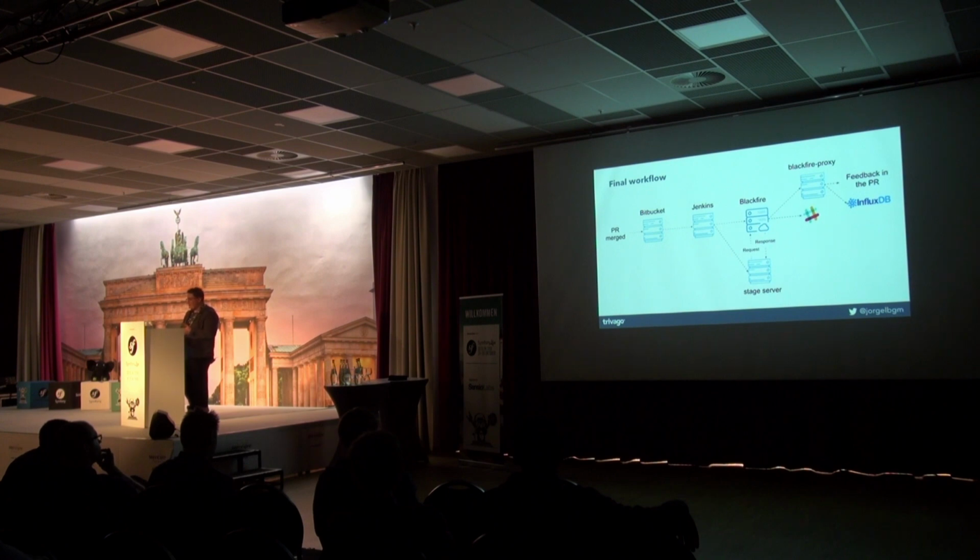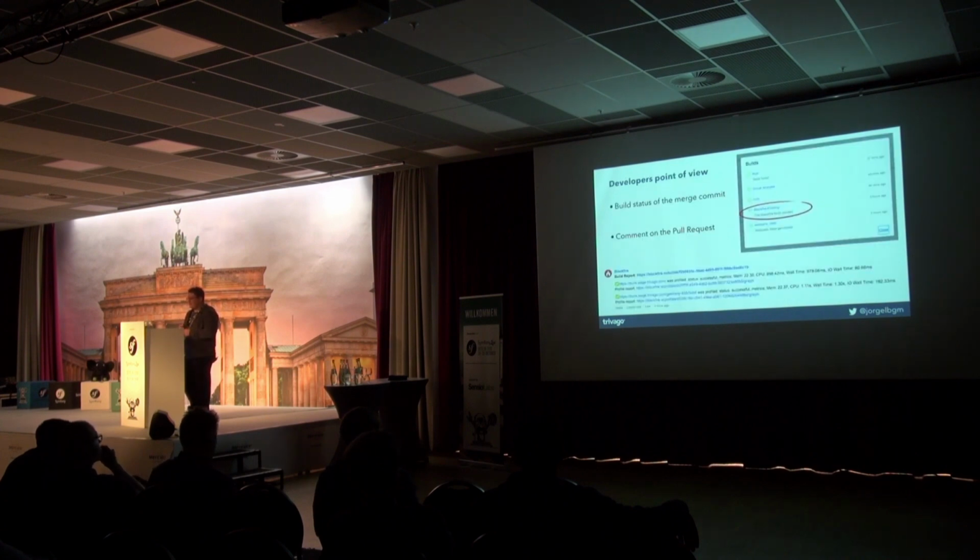This workflow is how things work internally, but developers don't need to know that. From their point of view, it looks more like this. When the build for the pull request is done, Blackfire Proxy will update the pull request with something that in Bitbucket is called build badges.